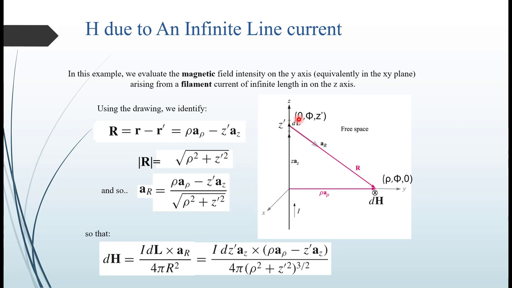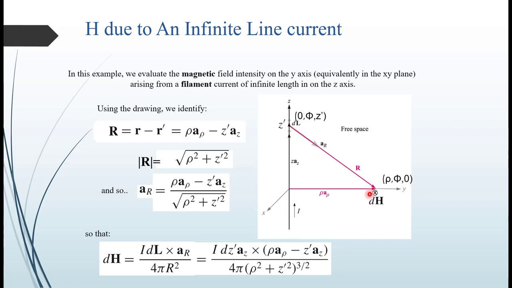The I dl element is placed exactly on the z axis, so r is equal to 0, phi stays phi, and z is z dash, because this is the z distance of the point. For the field point, r is rho, you can use r also. So rho comma phi comma 0. Why 0? Because it is exactly in the xy plane where z is 0.